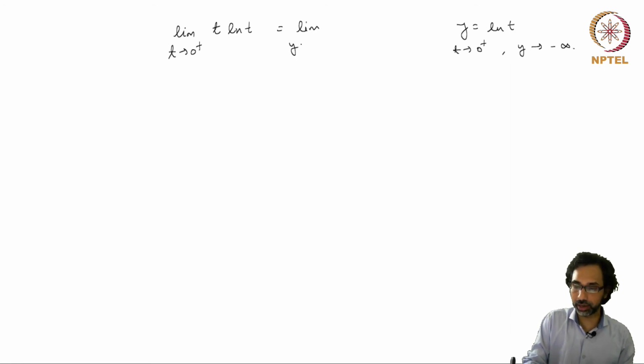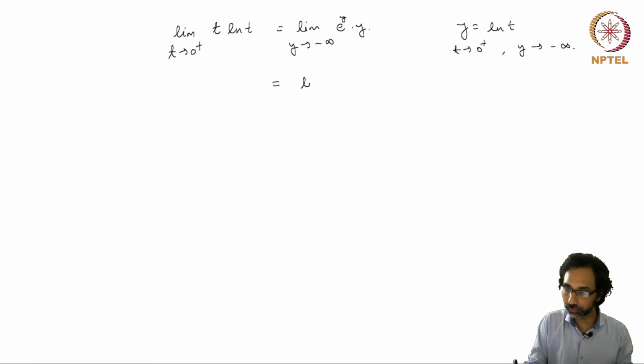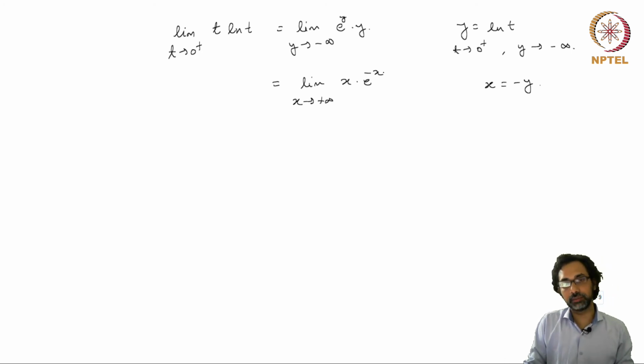So we can write it as the limit as y goes to minus infinity of e to the power y multiplied by y, and this is the same as the limit as x goes to plus infinity, changing the variable from y to x, of x times e to the power minus x.